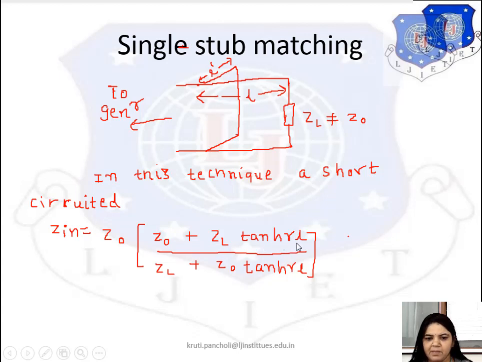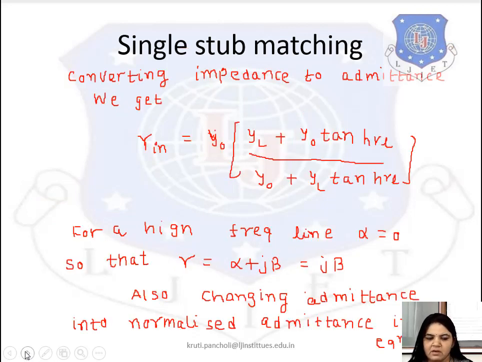Converting into admittance, as Y is equal to 1 upon Z, we get Yin equals Y0 times (YL plus Y0 tanh gamma L) upon (Y0 plus YL tanh gamma L).